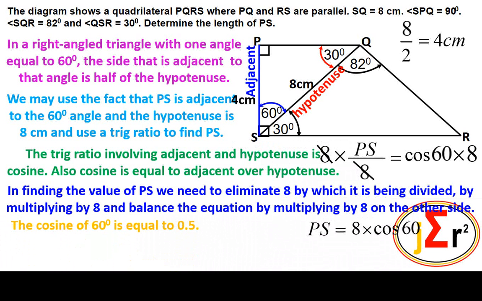The cosine of 60 degrees is 0.5, so we will replace that cos 60 by 0.5, and all that we have left is PS is equal to 8 times 0.5, which is equal to 4. Therefore, PS is equal to 4 centimeters, and we would have found PS.